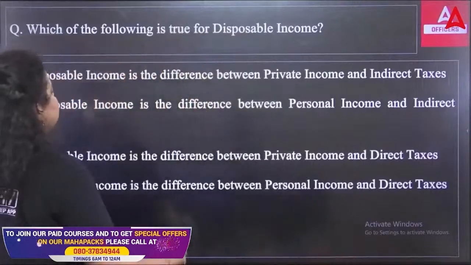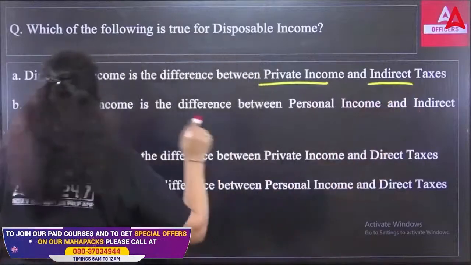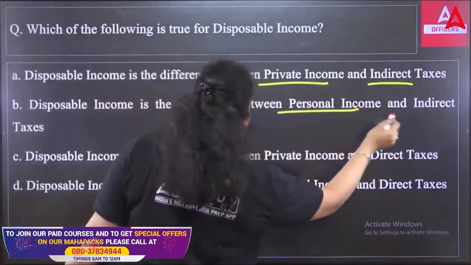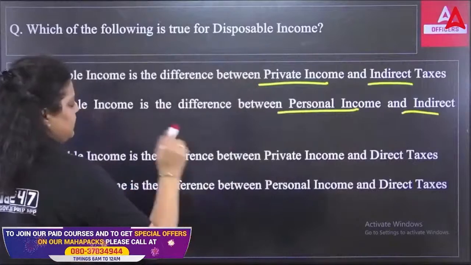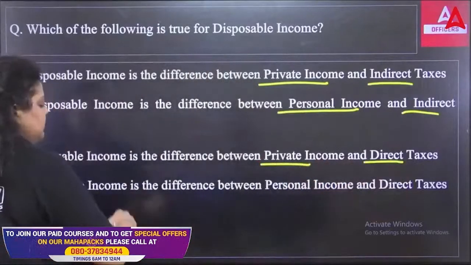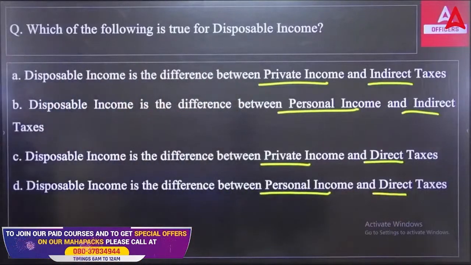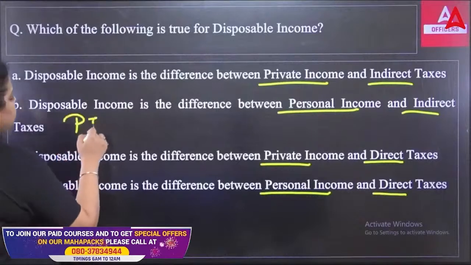So the first option is saying disposable income is the difference between private income and indirect taxes. Second, disposable income is the difference between personal income and indirect taxes. Third, disposable income is the difference between private income and direct taxes. Fourth is saying disposable income is the difference between personal income and direct taxes. So we have two terms. We have personal income.